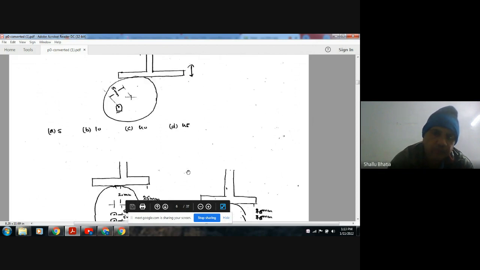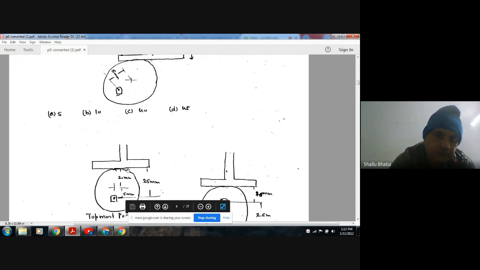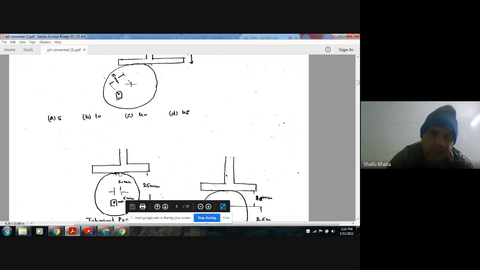So this is the topmost position of the follower. At this topmost position, this center will be vertically above this point of rotation. And this will be 20, as the radius is 20 mm.